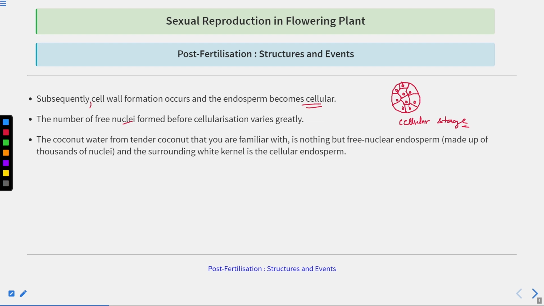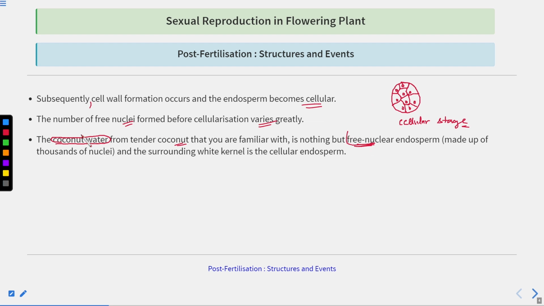Now the number of free nuclei formed before cellularization varies greatly. For example, the coconut water from the tender coconut that you are familiar with is nothing but free nuclear endosperm. So the coconut water that you drink is a free nuclear endosperm. It has a lot of nutrition, minerals and vitamins.